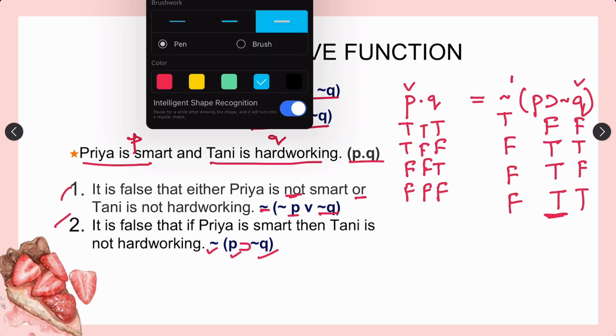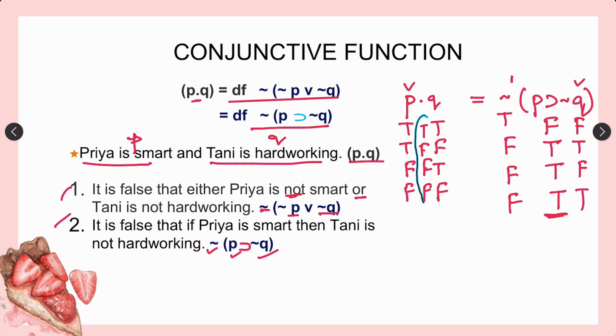Now if you check carefully, this value, true false false false, and the earlier value are the same. That is why these two are equivalent. So this is the first one done.